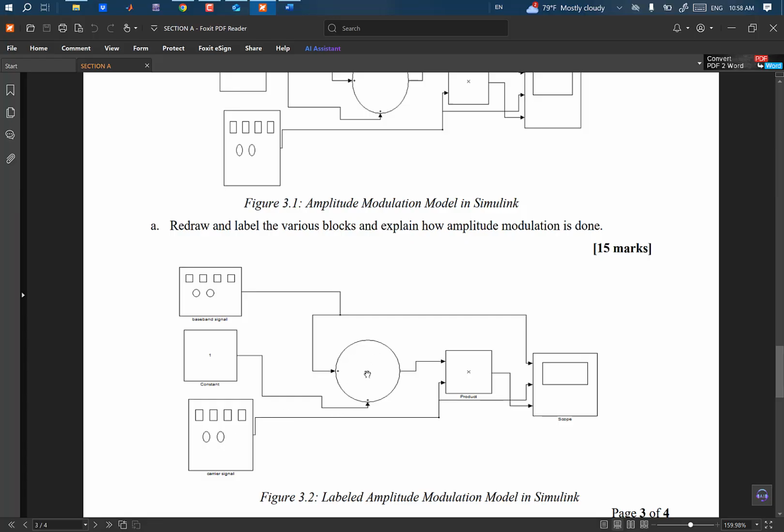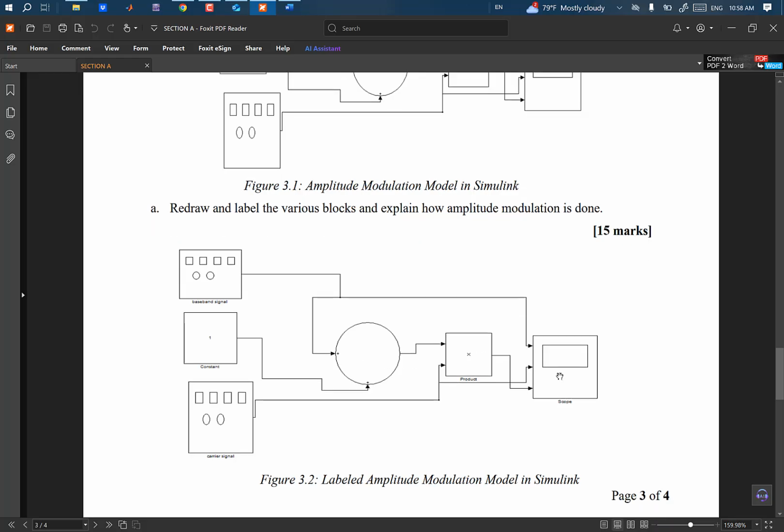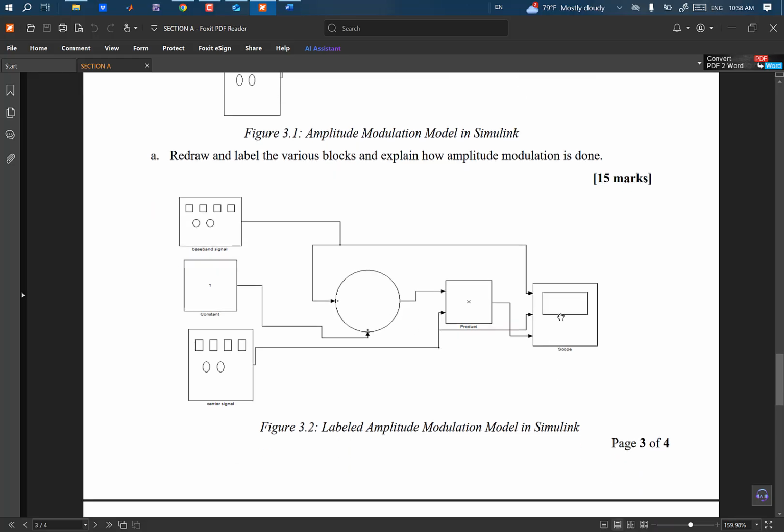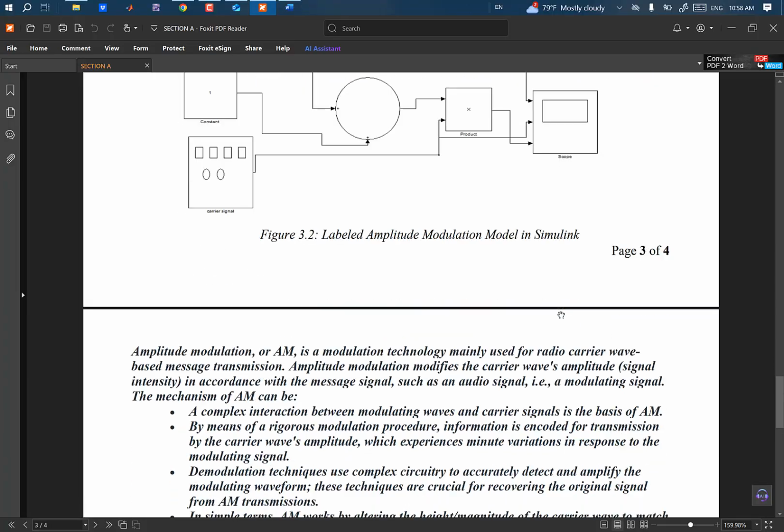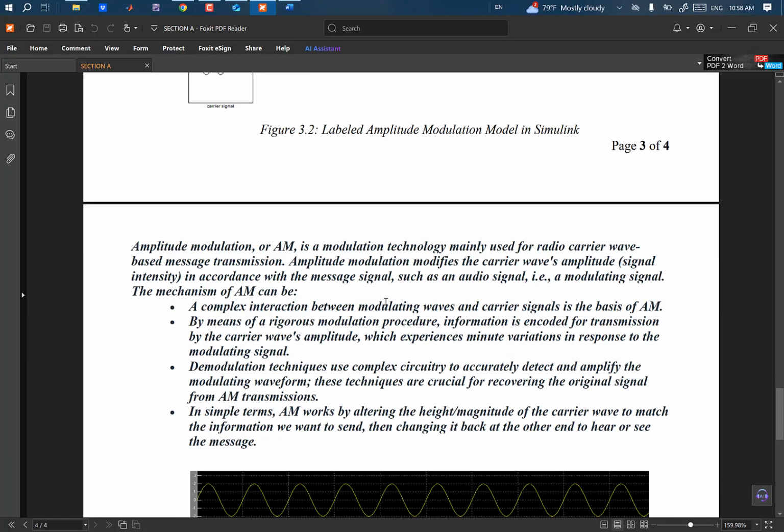Because of the amplitude modulation equation, where you have the multiplication or the sum and then the product, you would have to bring the product and then the sum, and then the oscilloscope is here, which is to display the output of that.